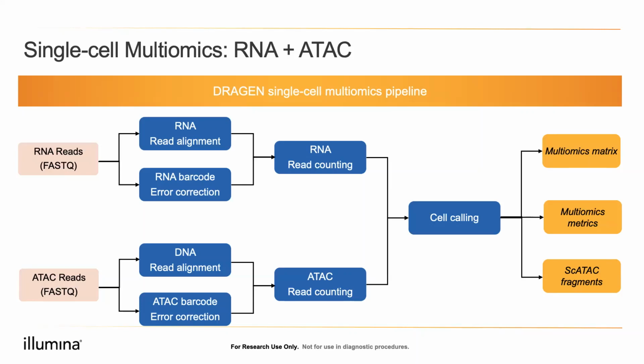And finally, the output is a multiomics matrix that includes the cell by gene expression, as well as the chromatin accessibility information. You get your multiomics metrics and single cell ATAC fragments. If you run the ATAC pipeline by itself and don't enable the RNA reads, you still get the multiomics matrix. It just doesn't contain any gene expression information.